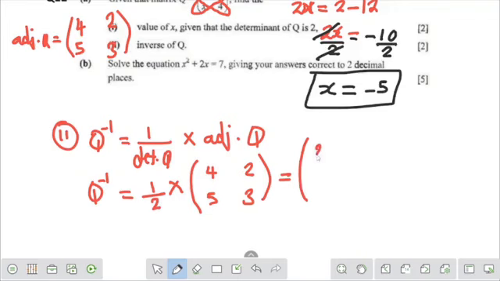So here we are going to have a 2. Again, 1 over 2 times 2, it will be 2 over 2, and this will give us a 1. Then 1 over 2 times 5, we are going to have 5 over 2. Then 1 over 2 times 3, we are going to have 3 over 2. So this is the inverse of matrix Q. So I hope it's clear.